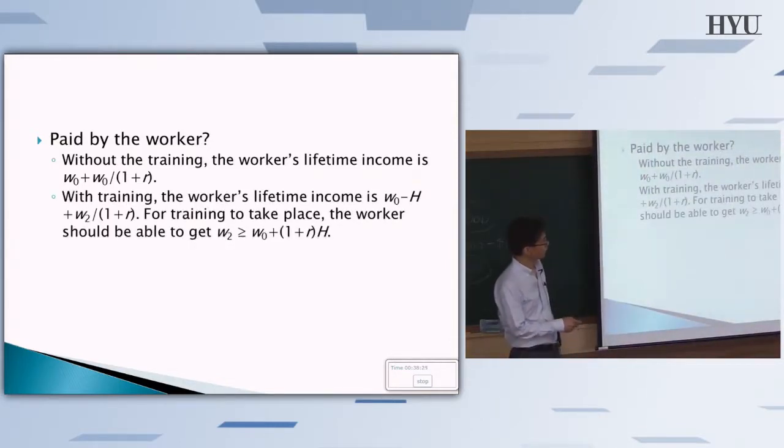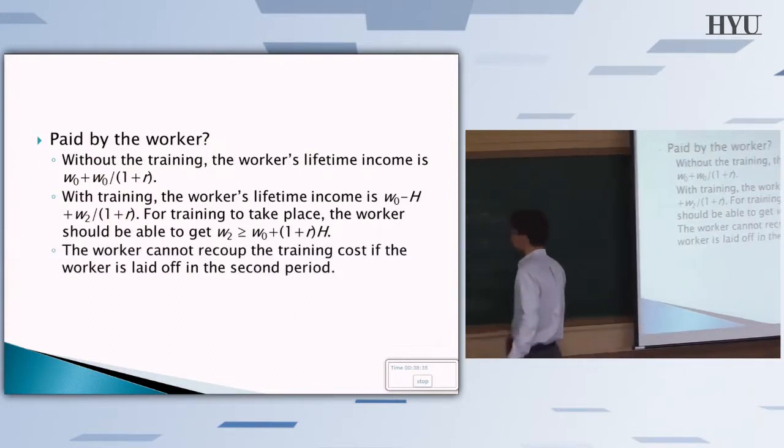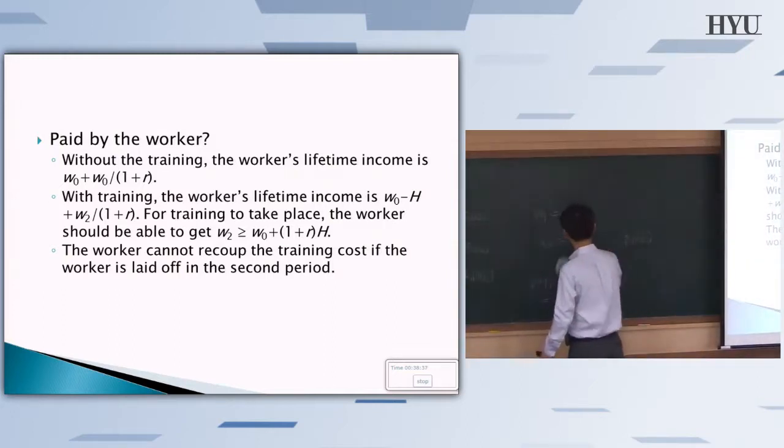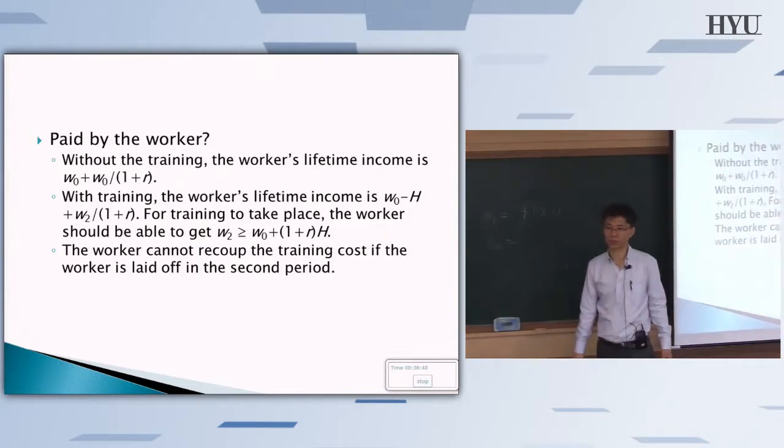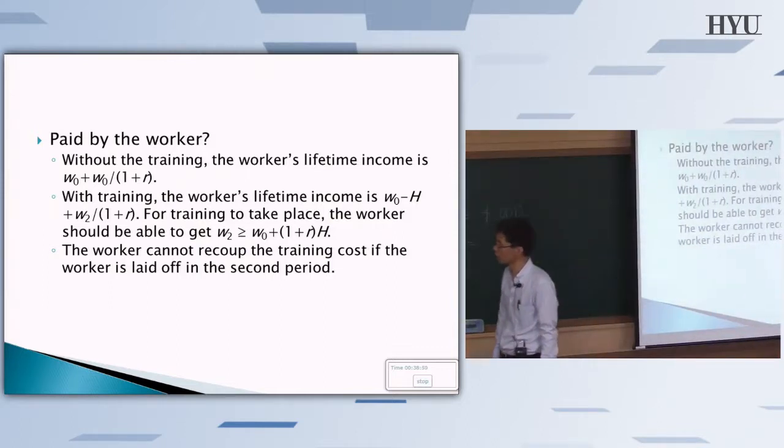First period, the firm gets W0 minus H. The worker gets, if the worker pays for the training, and W1 must be, let's say, $1,000. Okay?